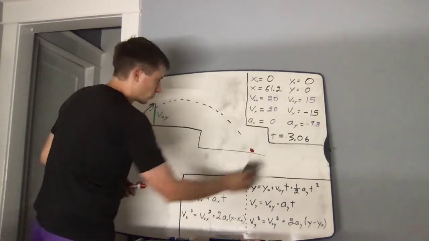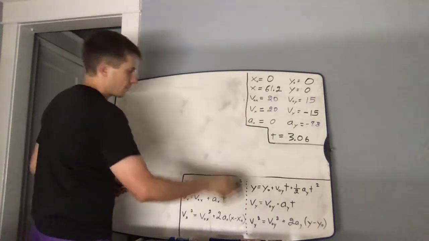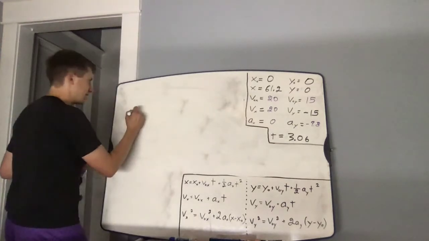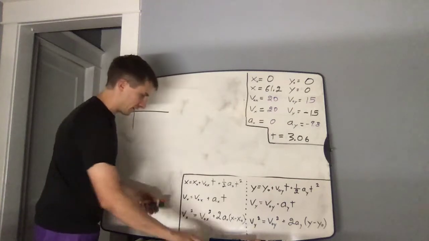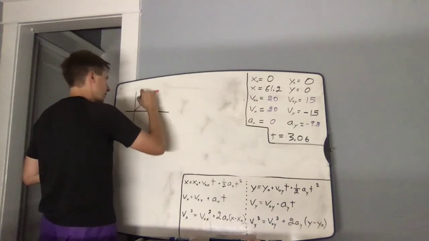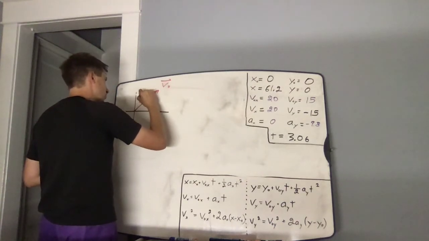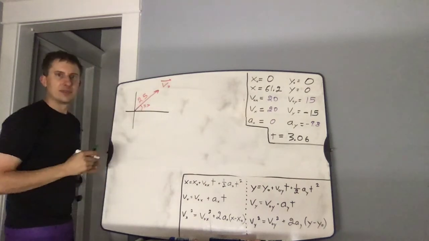The final thing I'm going to say is let's take these numbers we calculated and let's look at the magnitude and angle of these vectors. So we said the initial velocity, I could write that as V initial, had a magnitude of 25, an angle of 37.